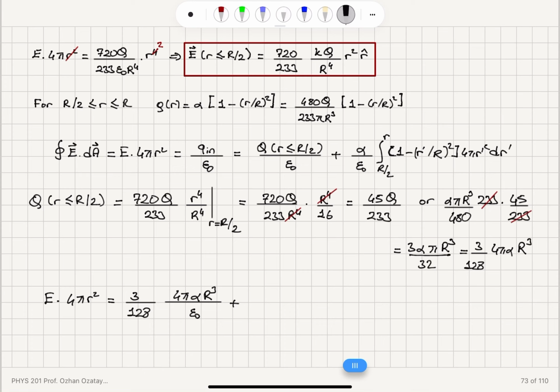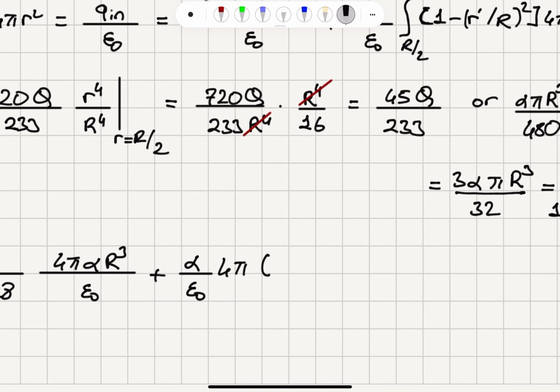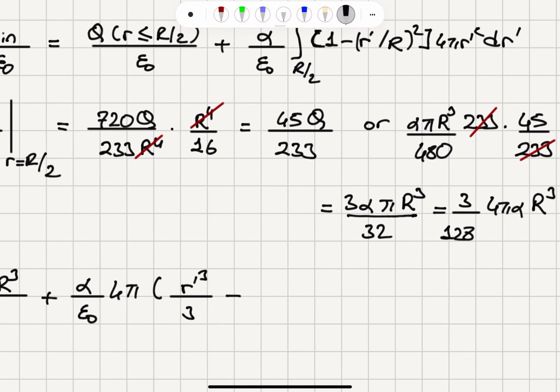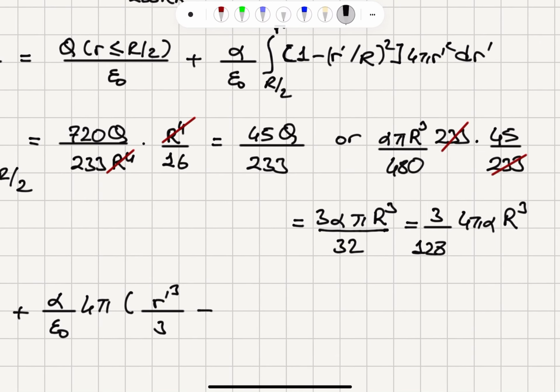So this will give me alpha over epsilon 0 4 pi, the first term, r prime cube divided by 3. And then I have r prime square multiplied with r prime square.